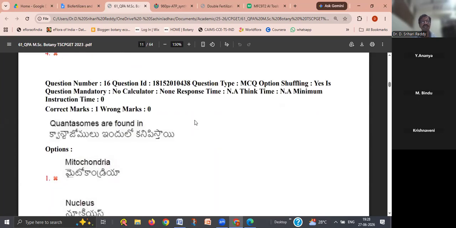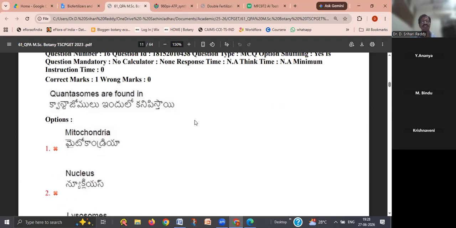Next, quantasomes are found in. What are the quantasomes? We already discussed that quantasomes are the functional and structural units of the photosynthesis which are present in the chloroplast. Particularly, they are present in the thylakoid membranes of the chloroplast.